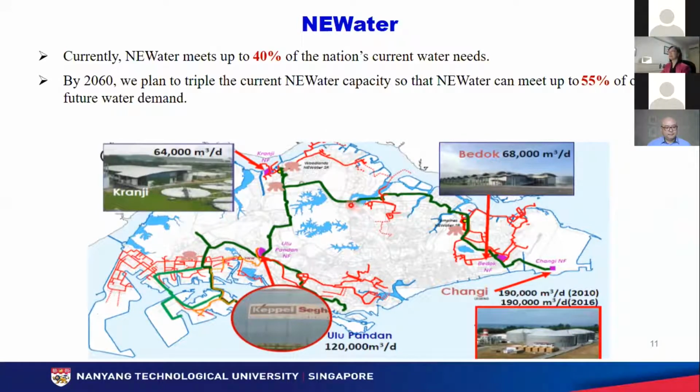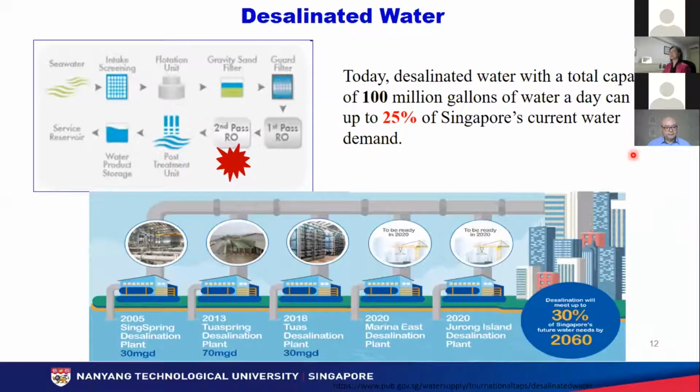By 2060, this number will increase to 55%. That's NEWater. Then coming to the desalinated water here, we use the RO desalination plant to get water from the seawater. It meets up to 25% of Singapore's current water demand. By 2060, this number will increase to 30%.